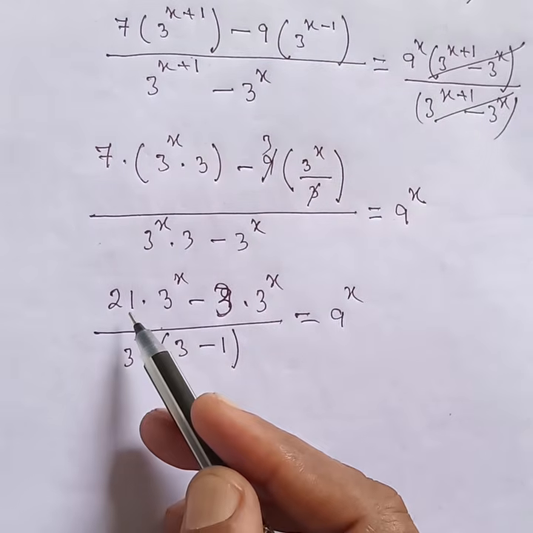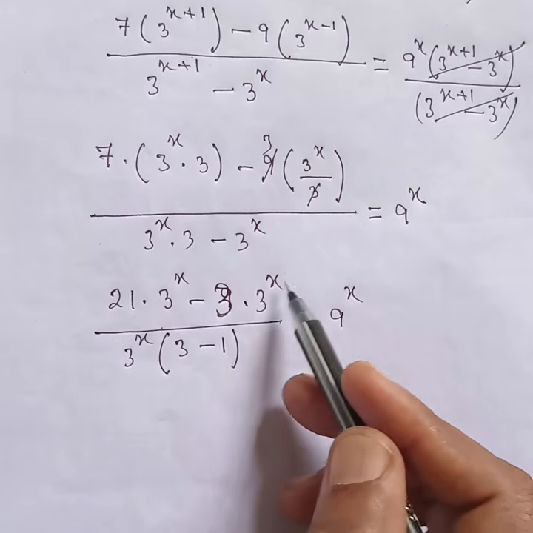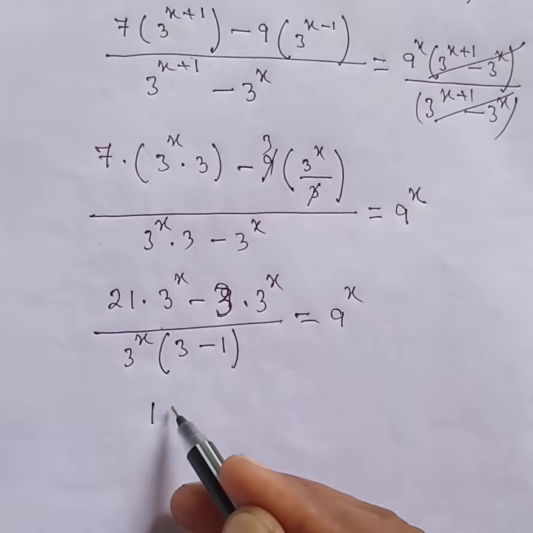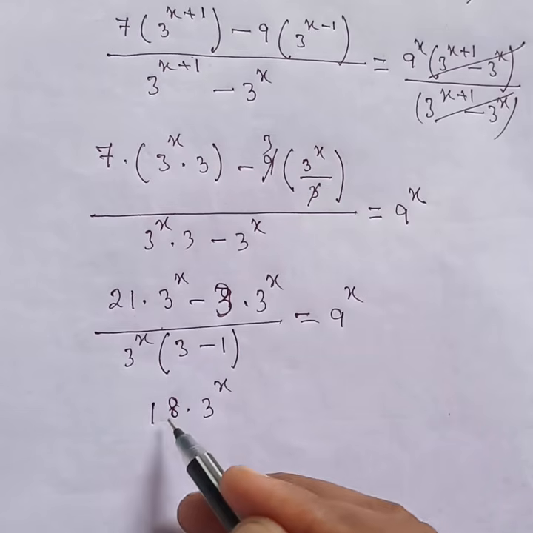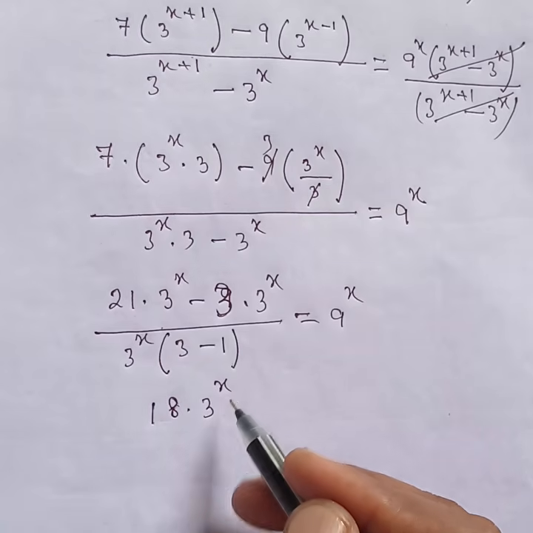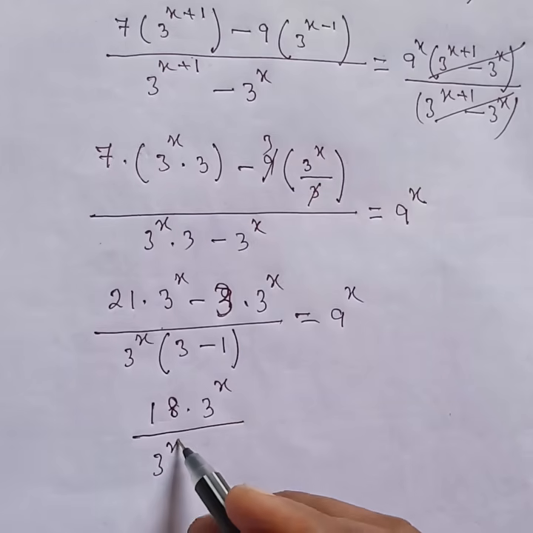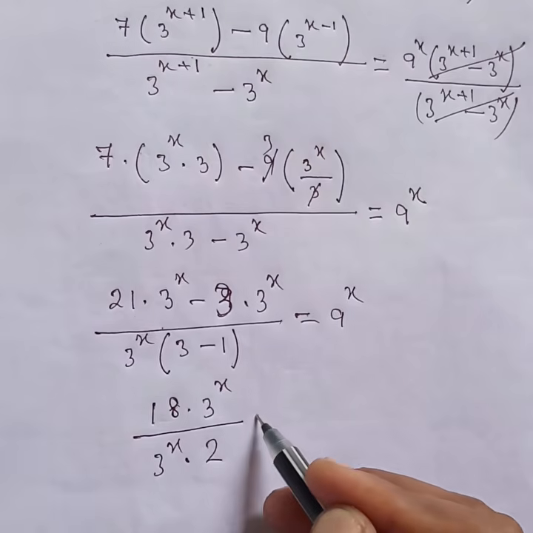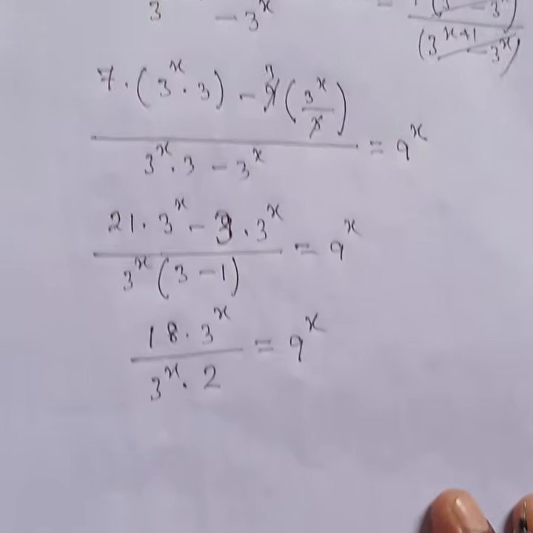Now 21 times 3 to the power x minus 3 times 3 to the power x, then it will be 18 times 3 to the power x, divided by 3 to the power x into 3 minus 1 is 2, is equal to 9 to the power x.